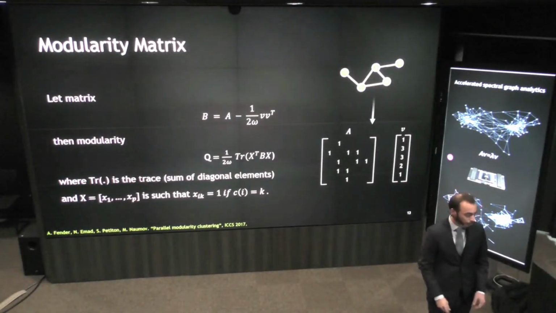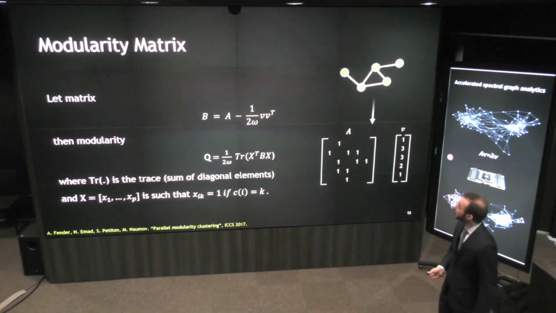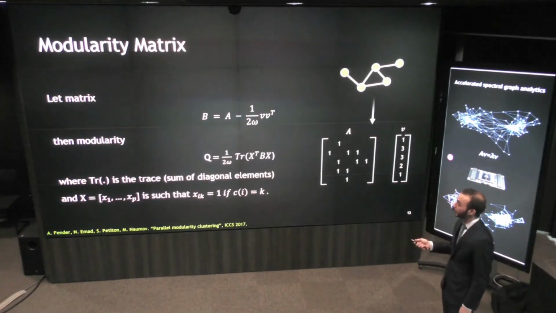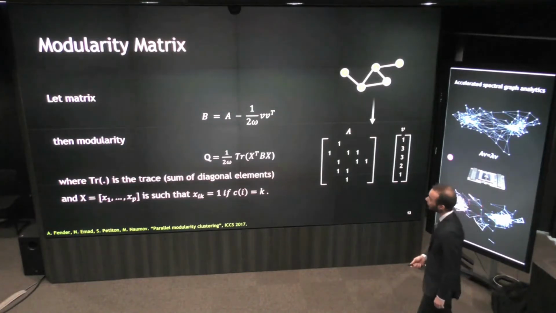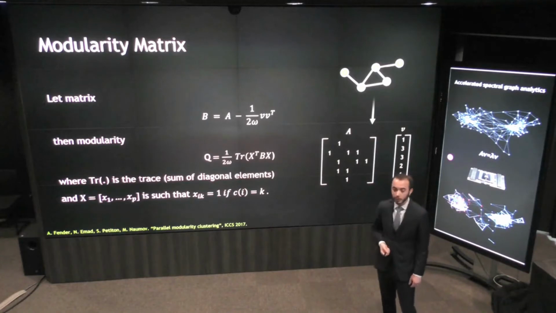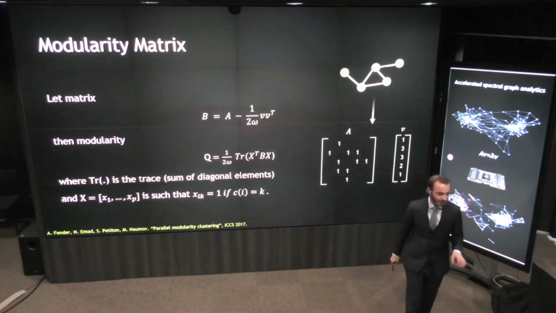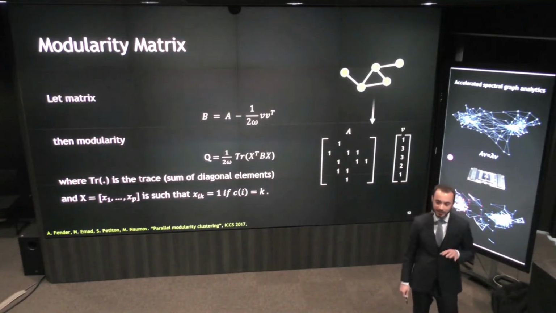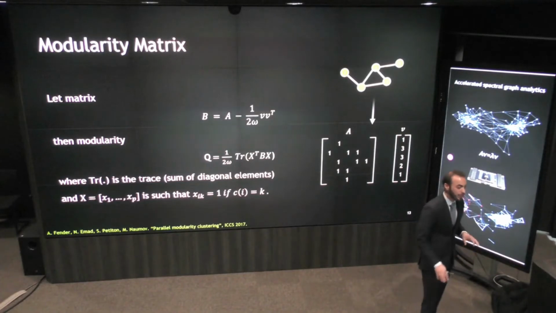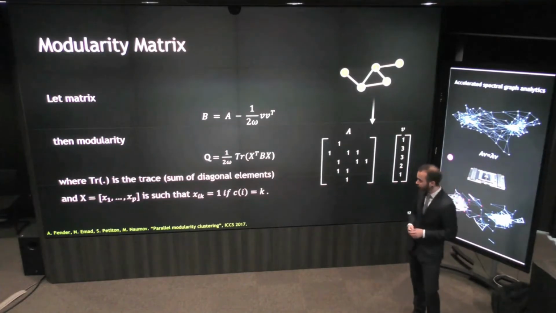So how does the modularity work? Well, we first form a matrix, which is B here and called the modularity matrix. This is simply the difference between the adjacency matrix and what we would expect randomly.